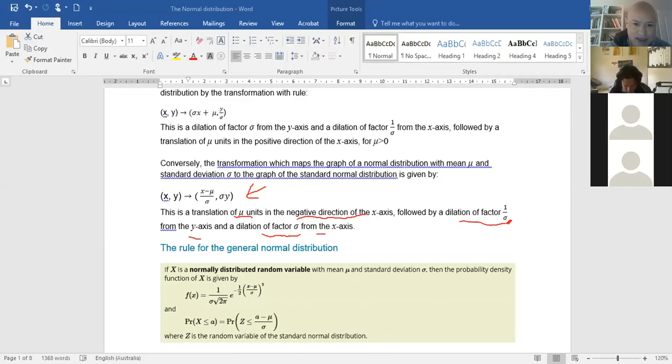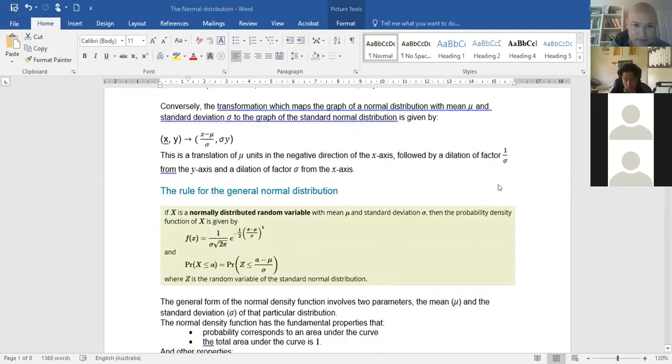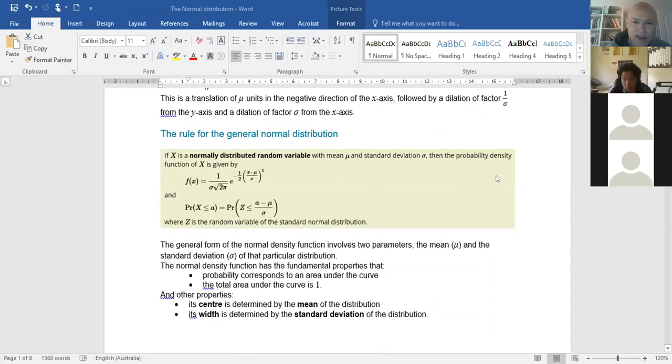Okay. Now, clear this. Now, the general rule for the normal distribution. If it's a normally distributed random variable with the mean and standard deviation, then this is the probability density function.